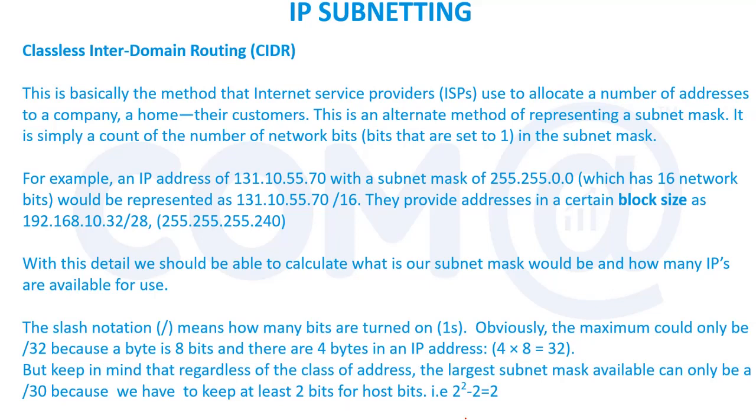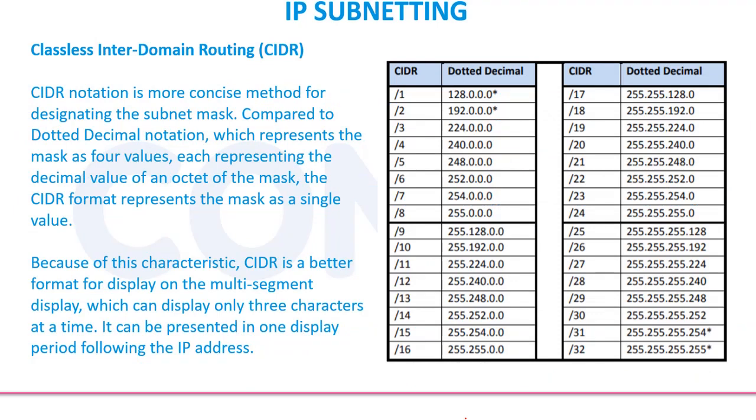So slash notation is called CIDR, classless inter-domain routing. So what happens here in CIDR: if I put /1, the subnet mask itself will change to 128.0.0.0, then /2, and so on.